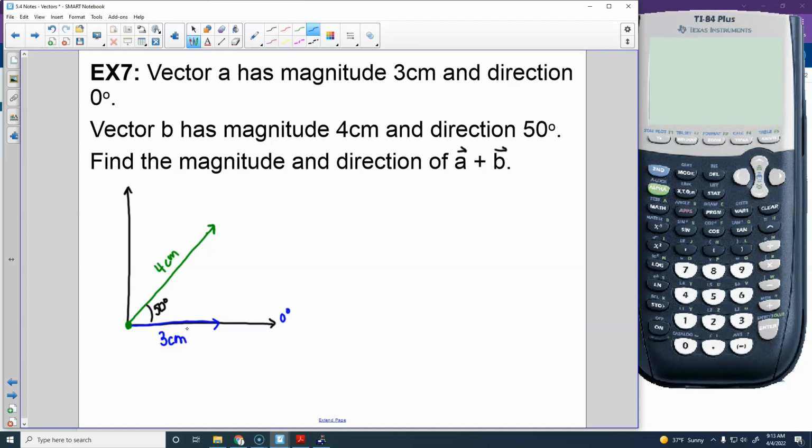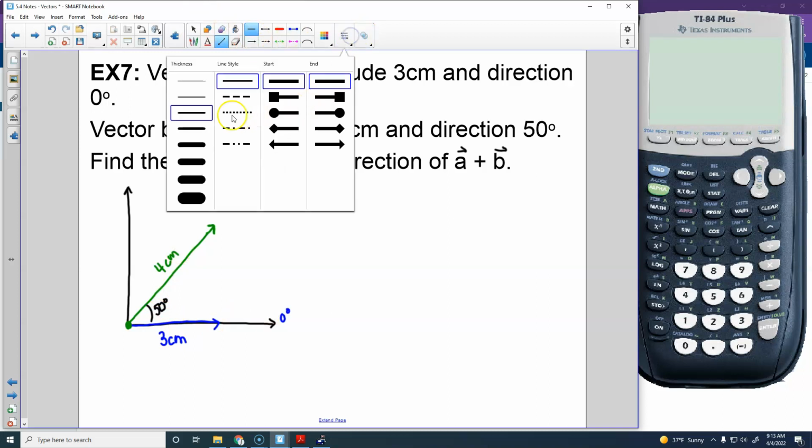In pretty much all cases, I'm going to teach you the parallelogram method, because I have found that most students do a little better with that. To add vectors together, we are going to make a parallelogram. Thus far, that parallelogram has been a rectangle because we've been dealing with 90-degree angles, but it's not going to be for this problem.